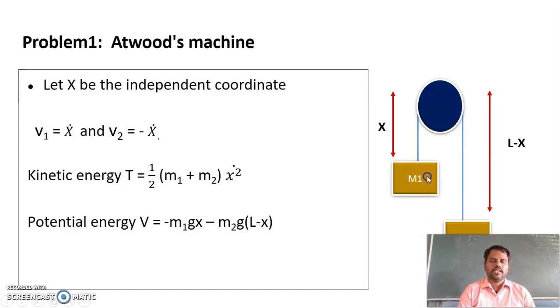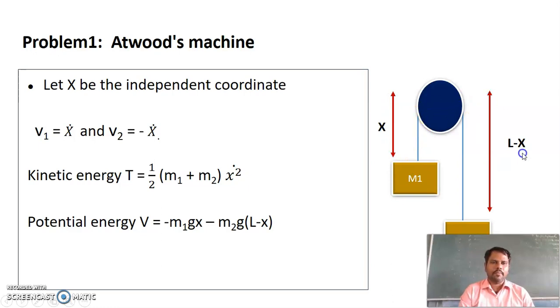Now let us consider two bodies of mass m1 and m2 connected with a wire of length L passing over a smooth pulley. With reference to the pulley, let x be the distance of mass m1.